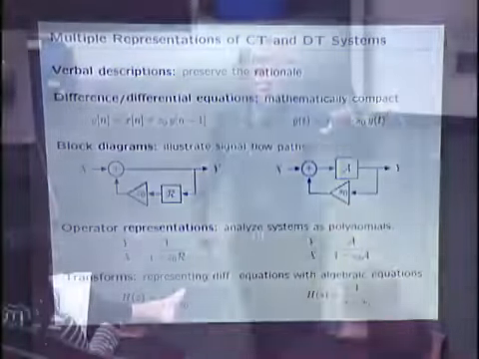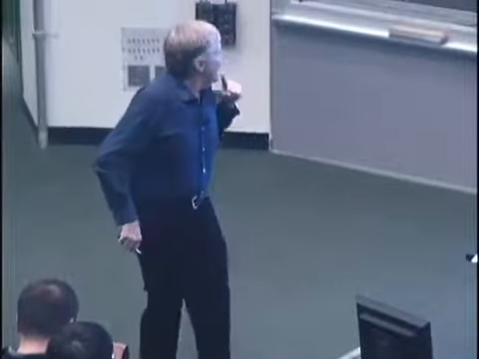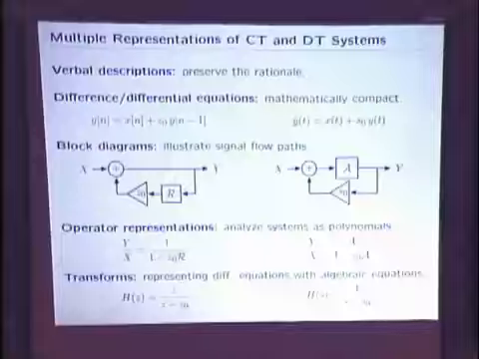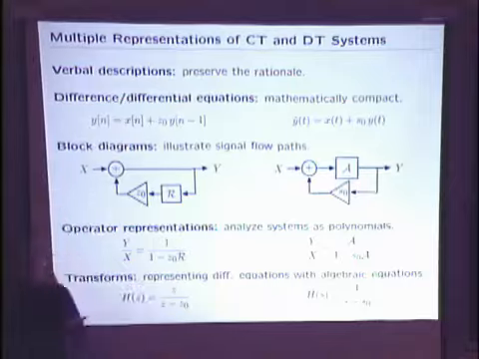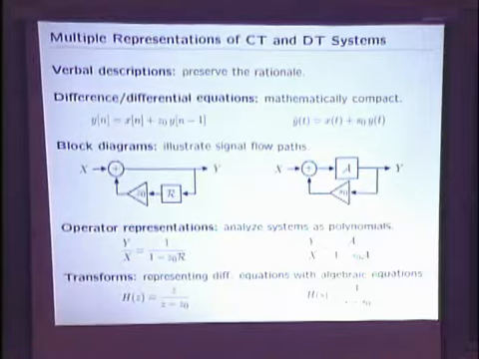So we reduced a college level thing to a high school level thing. That's always nice. And then we looked at transforms. The distinguishing feature of transform representation was that we took an entire function of time and turned it into an algebraic expression. So we turned a system of differential equations that describes a system into a system of algebraic equations that describes a system.